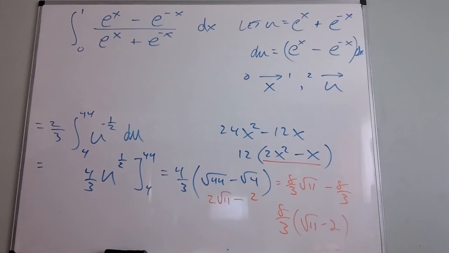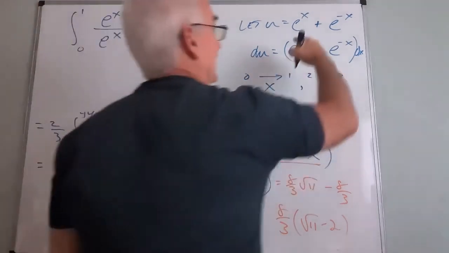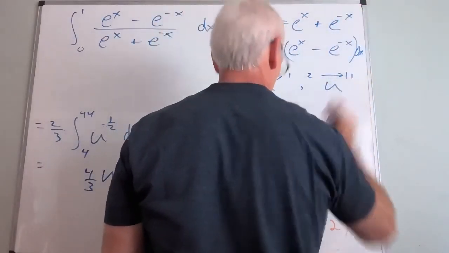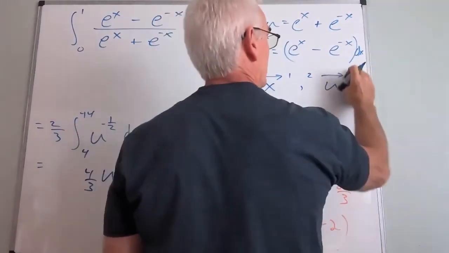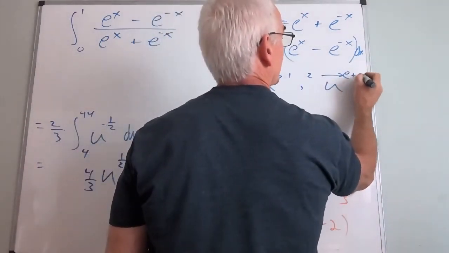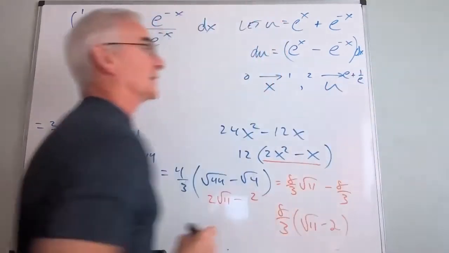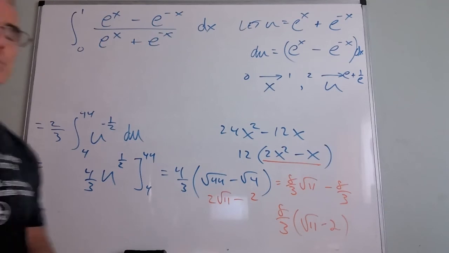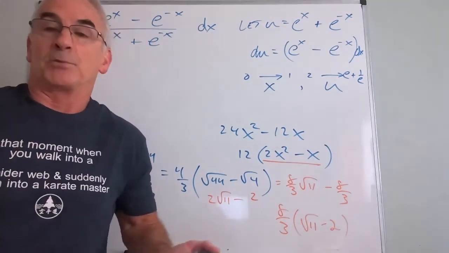Now, replace x with 1, and I'll have e to the first plus e to the negative first. 0? Wouldn't that be backwards then? No, e to the first plus e to the negative first, or 1 over e if you'd like. No, it's definitely not 0. I'm adding things. So I could write it as e plus e to the negative 1, or I could write it as e plus 1 over e.